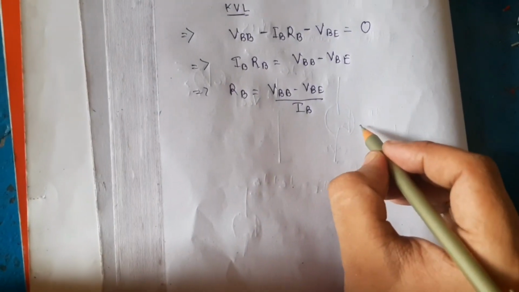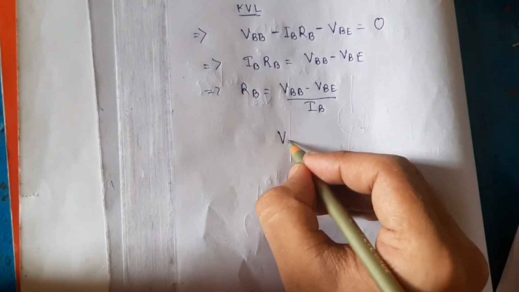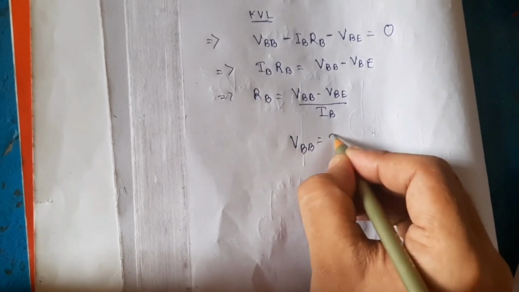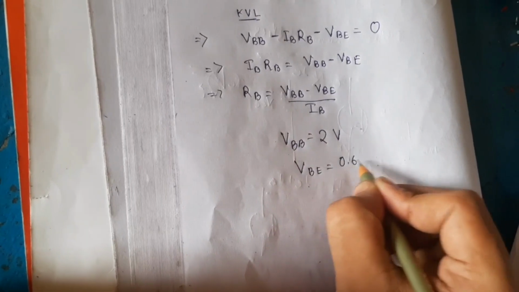If we apply 2 volts on this terminal, VBB is equal to 2 and VBE equals 0.6 volt.